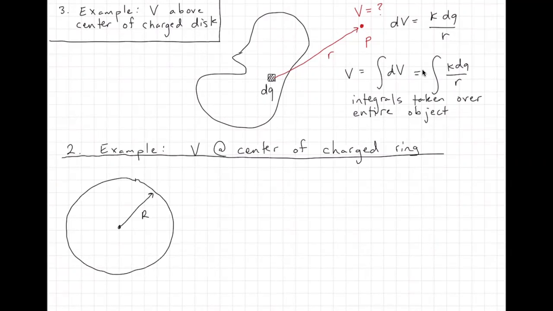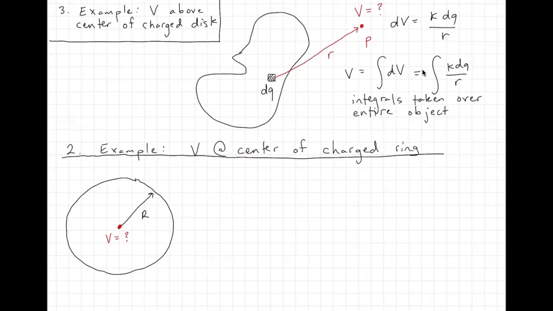Okay, and I want to know what the potential is at the center. So at this point, at the center, what's the potential? V equals question mark. That's the question.